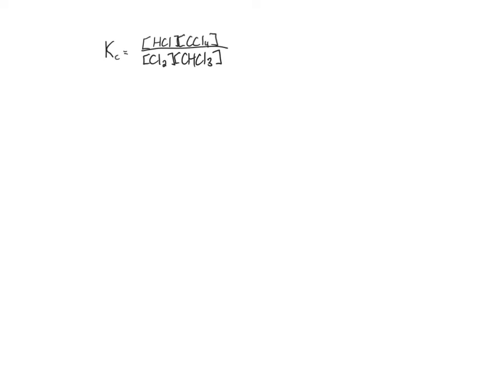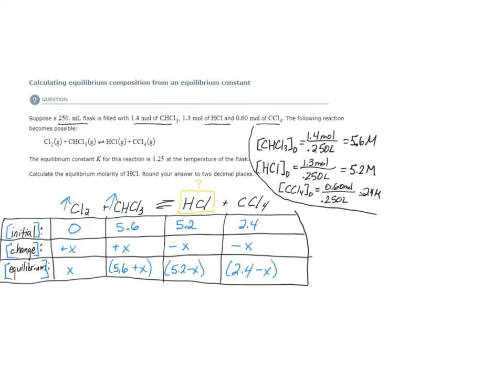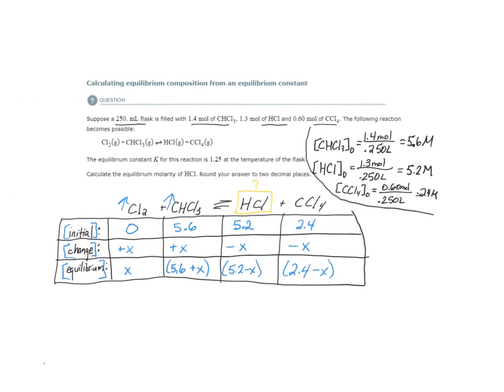Now, how is this equilibrium constant expression going to help us solve for X? Well, if we go back and look at the information given in the problem, they give us K. I know what K is, it's 1.25. I also know what the equilibrium concentrations are for every substance involved in this reaction. We have derived these mathematical expressions to represent the equilibrium concentrations.